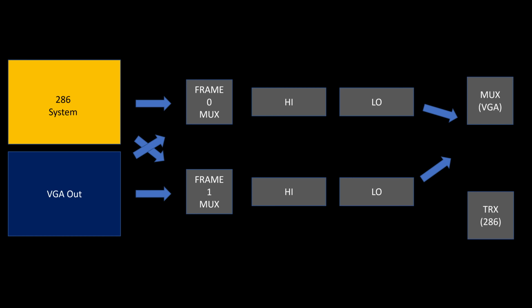I then also have a transceiver that handles data to and from the 286, so that the 286 can send its addresses to the appropriate frame and then get access to the appropriate data for that frame. That's made up of 4 chips, 2 different sets, one for frame 0, one for frame 1. Then I can say, hopefully through the registers, which frame those specific transceivers are going to connect to the 286.